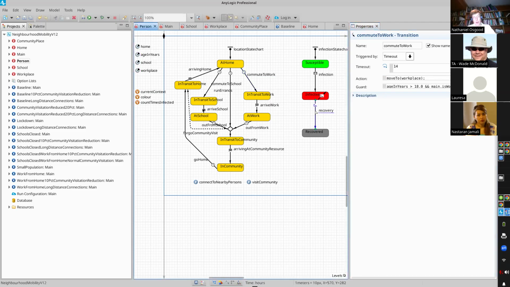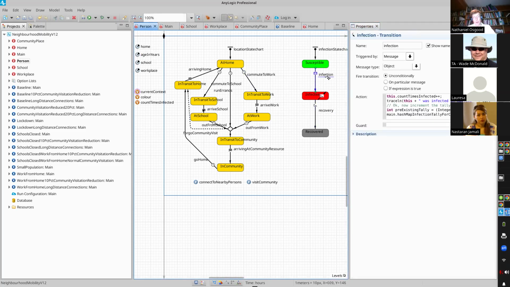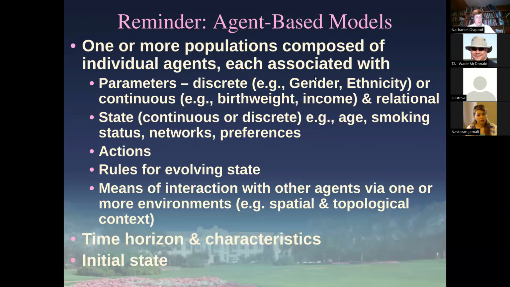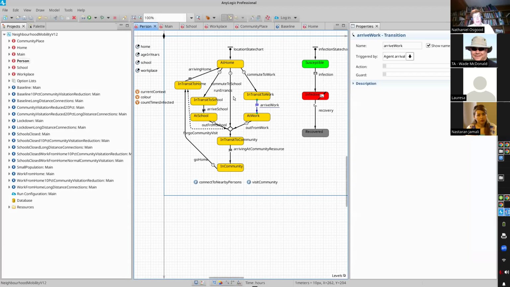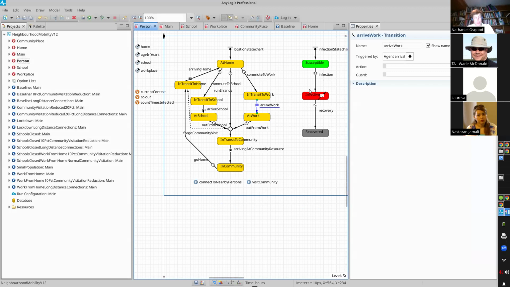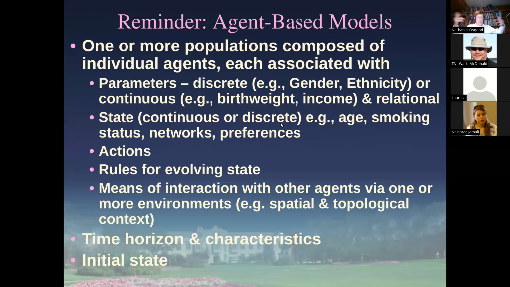This goes off at a certain rate per day. And this is triggered by the arrival of a message. This is triggered by arrival at a location. So we'll talk about these in much more detail, but just be aware those are the rules that govern these actions, that govern these transitions between states. Actions are about transitioning between states, changing their state. Rules are the things that govern those actions.